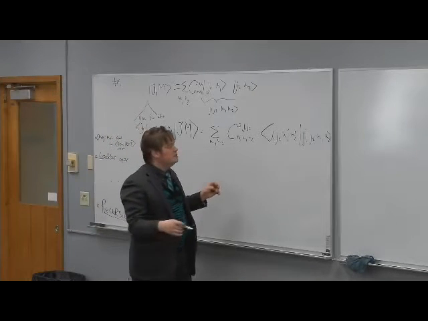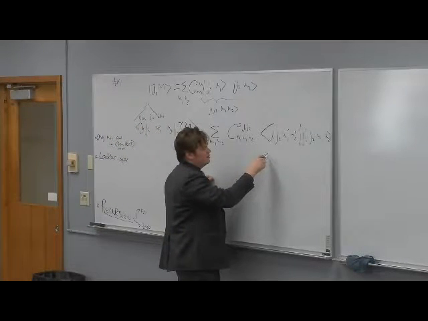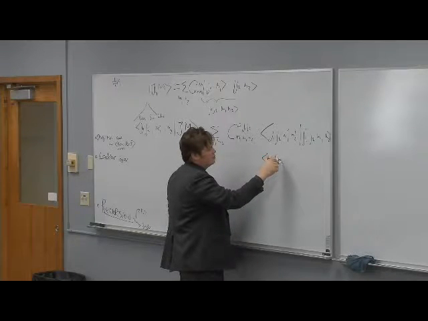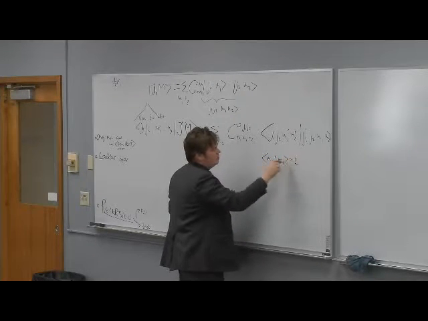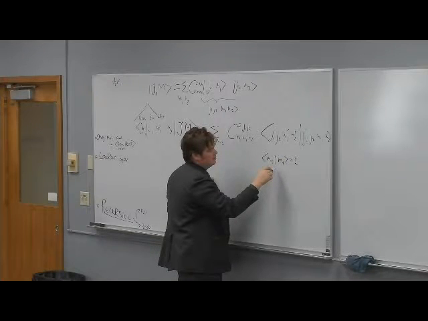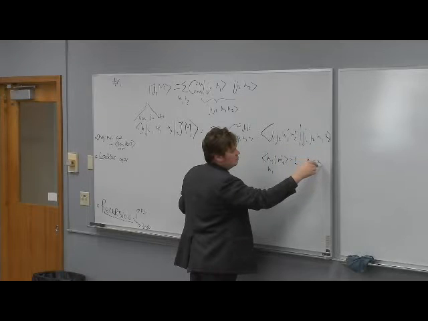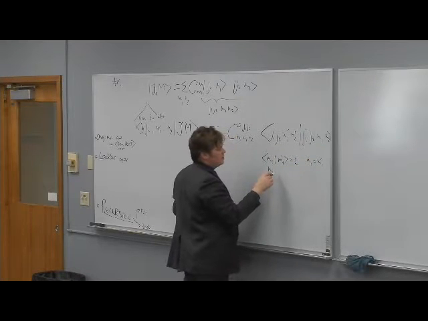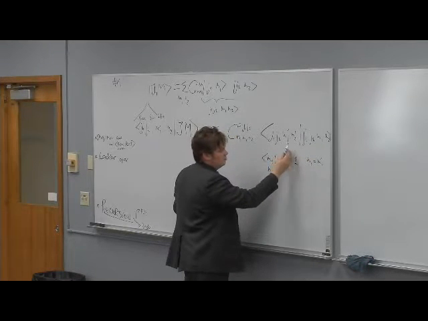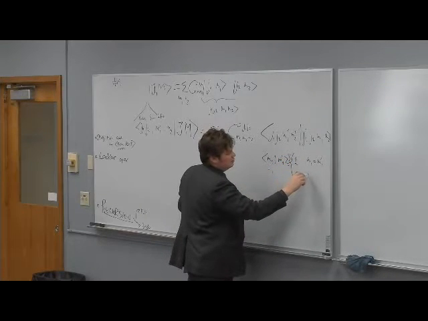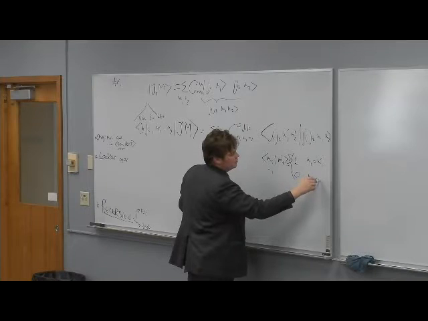But we need to know only two simple things. If the indices coincide, it will be 1. If indices do not coincide, it will be 0. M1 is not equal to M1 prime.